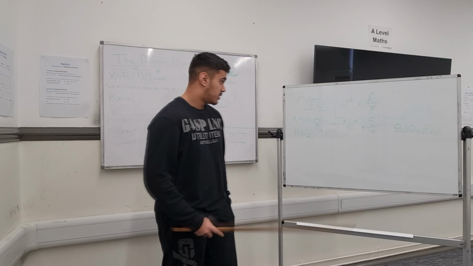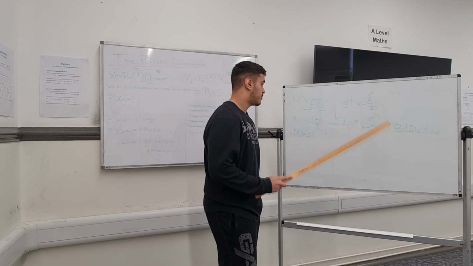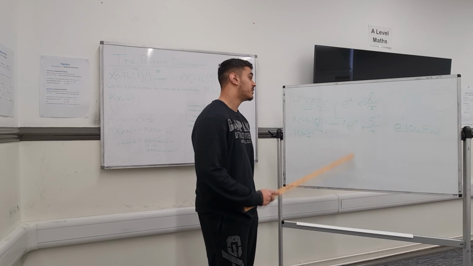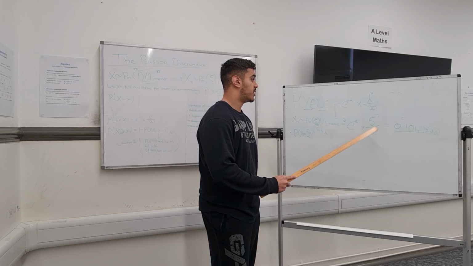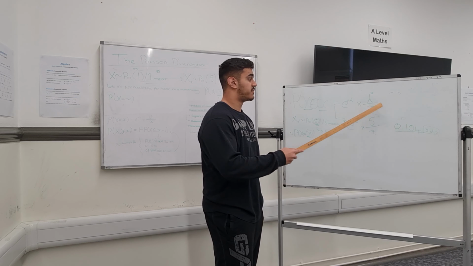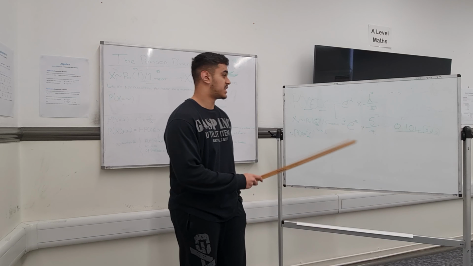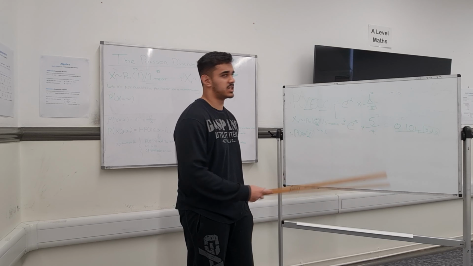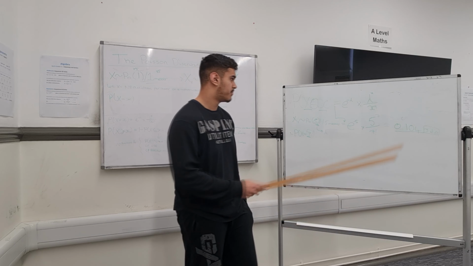Now, e to the power of minus lambda, lambda being 5, so e to the minus 5, times 5 to the 7, because lambda is 5 and x is equal to 7, over 7 factorial, and factorial is just factorial. Put that into your calculator, or do the easy way, which is probably better in the exam, given that this is probably going to take you longer than typing numbers into a calculator.